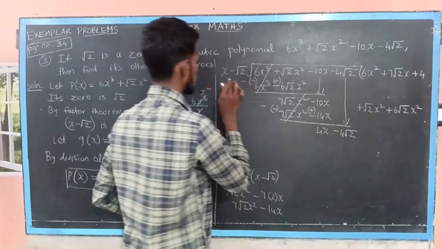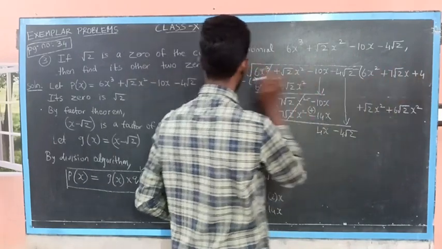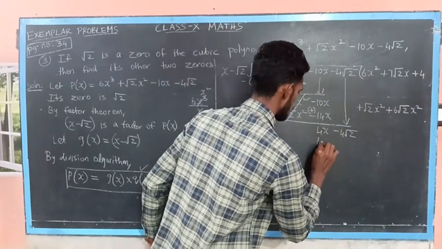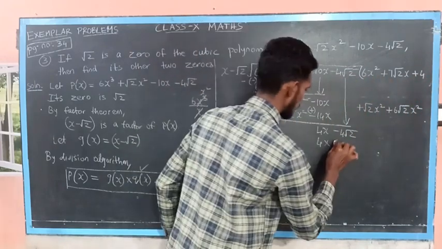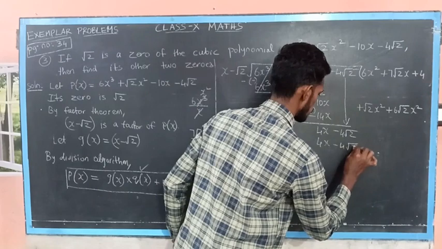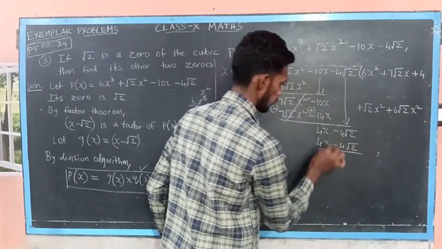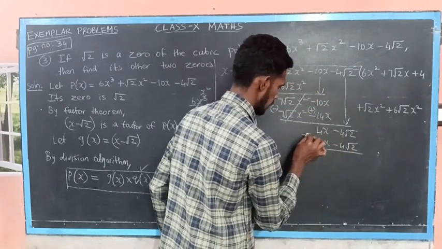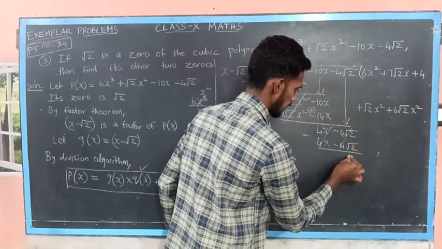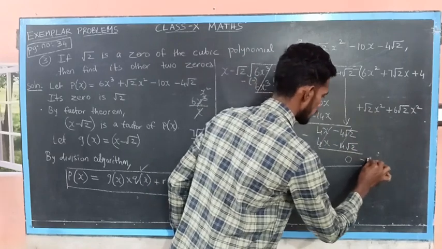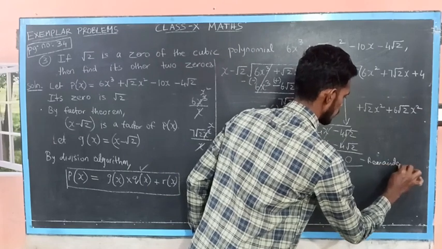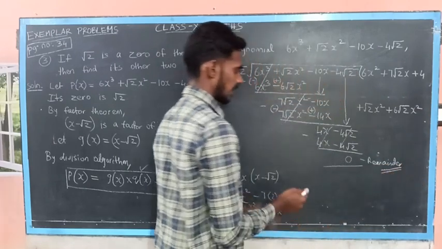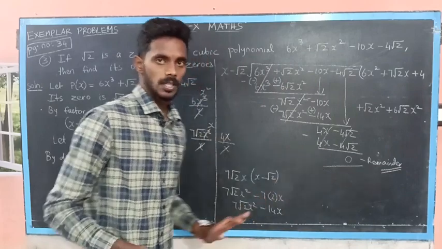Multiply the quotient with the divisor: 4 into x becomes 4x, then 4 into minus root 2 becomes minus 4 root 2. Both are the same terms, so on subtracting, they cancel. So the remainder is 0. This we already know, the remainder must be 0, right? So we are getting the remainder as 0.